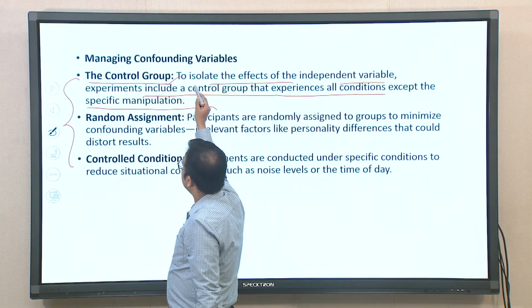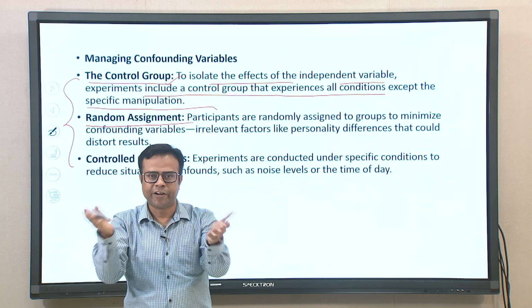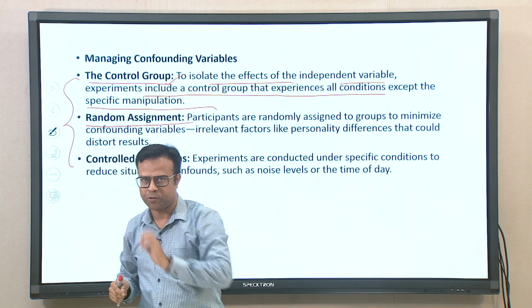Besides using a control group, they also use random assignment to control the external factors. When you specifically select people to go here and there, you can make some groups biased; some group may have higher intelligence students and some group may have lower intelligence, because you are selecting them actively. In random assignment you do not select anything; you randomly choose who will go to which group.